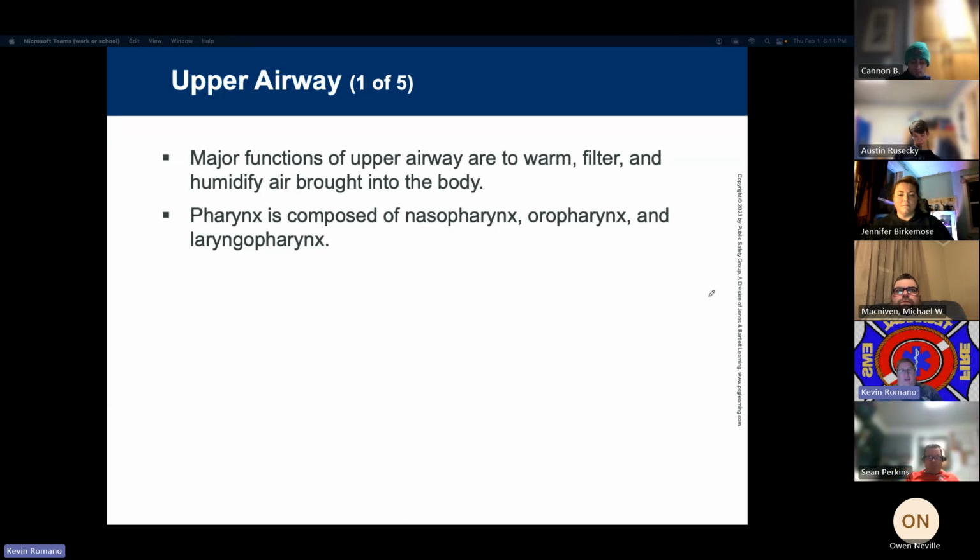You'll probably see that again on a quiz, all right, in exams and national registry and all that stuff. Air brought into the body. The pharynx is composed of three parts: nasopharynx, oropharynx, and laryngeal pharynx. Remember that the larynx is also considered the dividing line between the upper and lower airways.